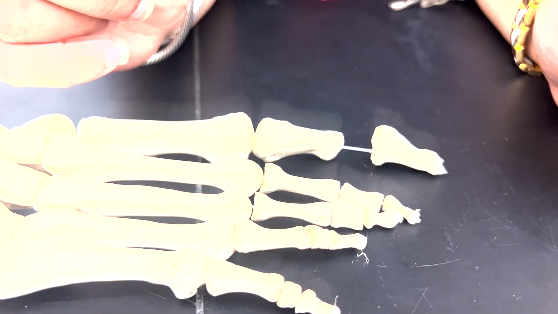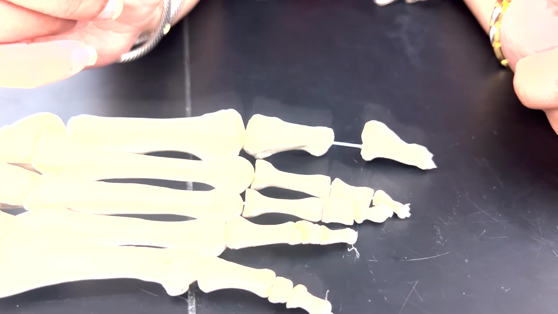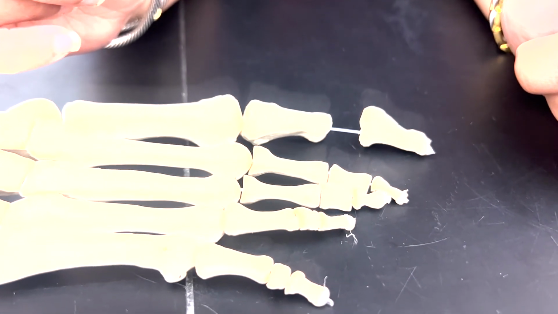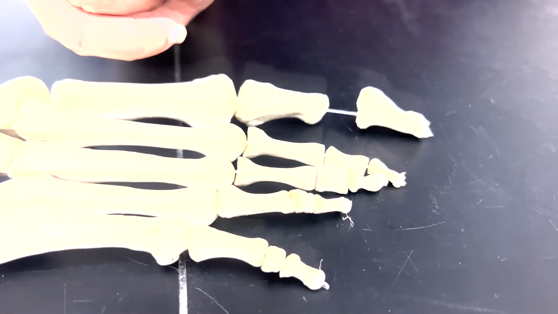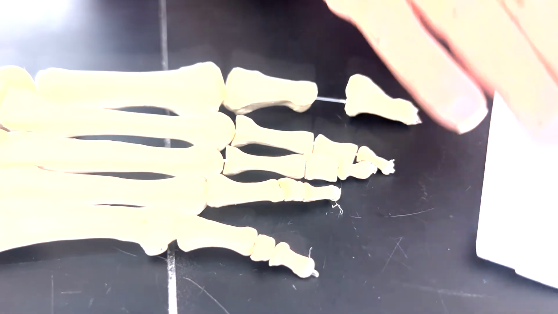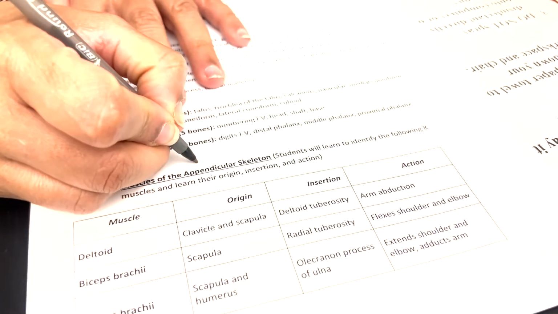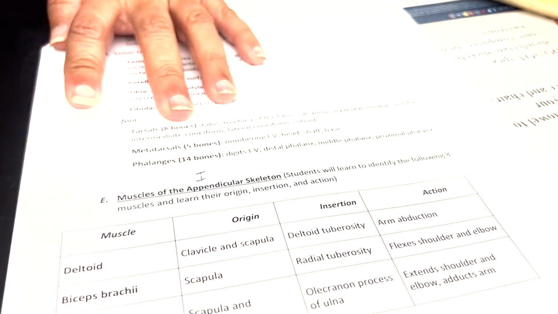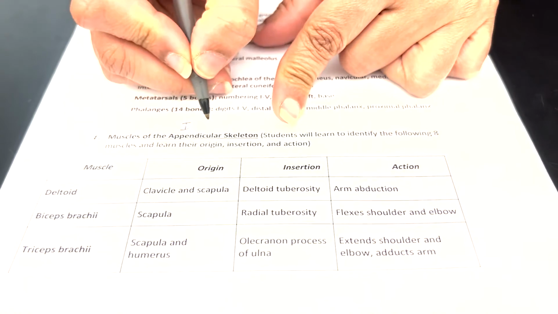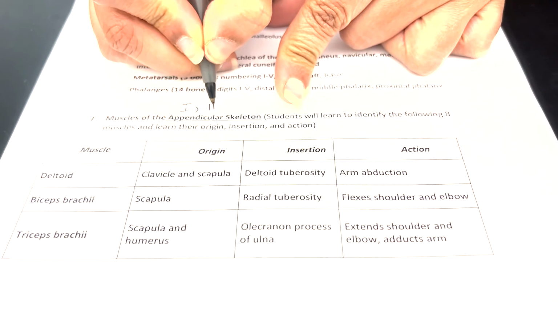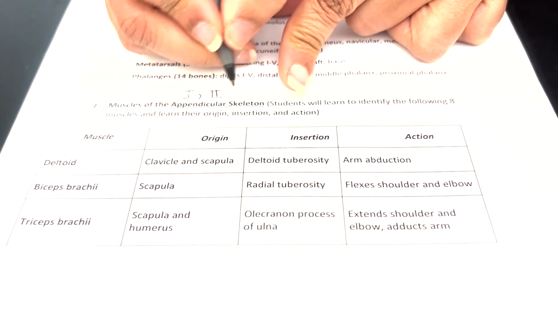When you are naming your toes, make sure you are naming them as digit I, this is digit II, so you have to write it in Roman numeral.